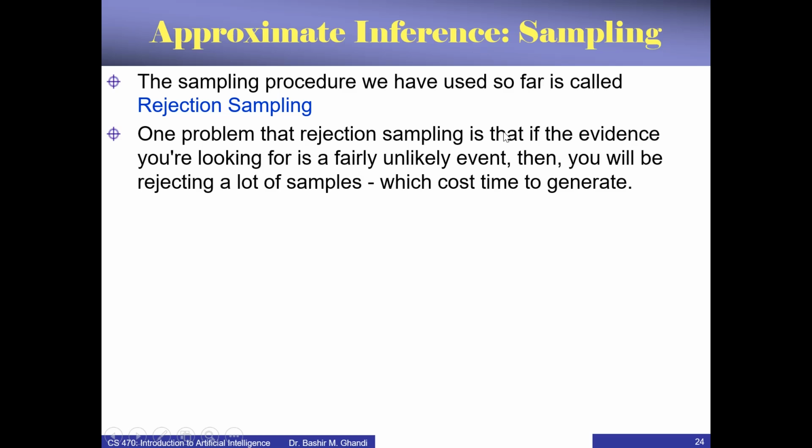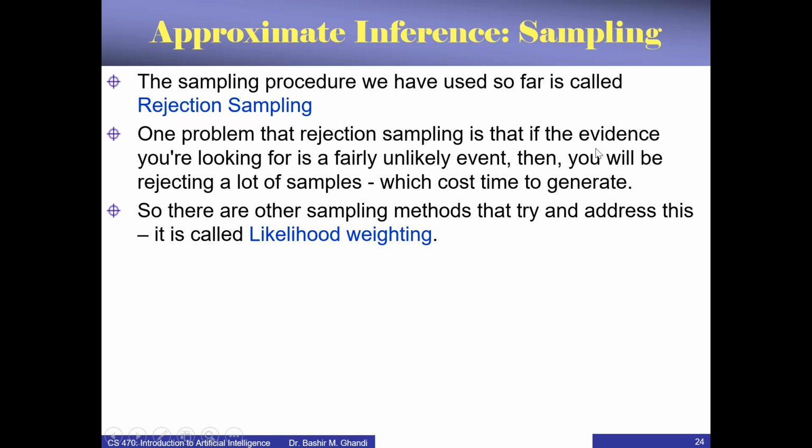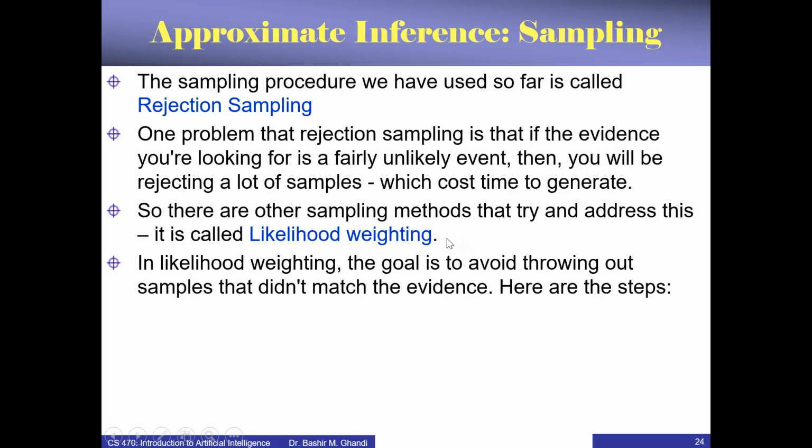Okay, so we have another type of sampling which is called likelihood weighting. Let us see how that works. In likelihood weighting, the goal is to avoid throwing out samples that didn't match the evidence. And therefore, here is what you do. Before you start taking your sample, you fix the values for the evidence variables.